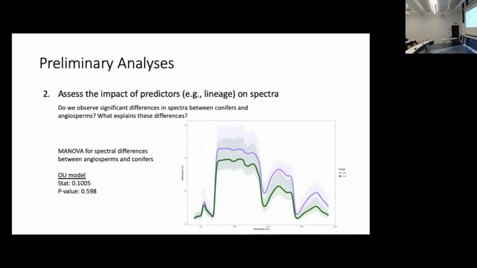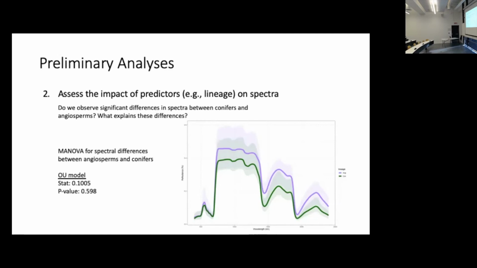This is where I need to be careful with my words. This is a phylogenetic comparative method, and so the method accounts for phylogeny in the model fit. Basically what has happened here is the variation between conifers and angiosperms is accounted for in the model.